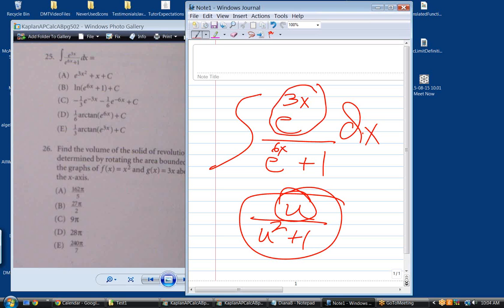In other words, it'll get rid of that u once we convert it to u substitution. It's rare that the derivative of your u is going to be the same or close to the same thing. Remember, it doesn't have to be exactly the same. If it's off by just a constant, we can handle that.